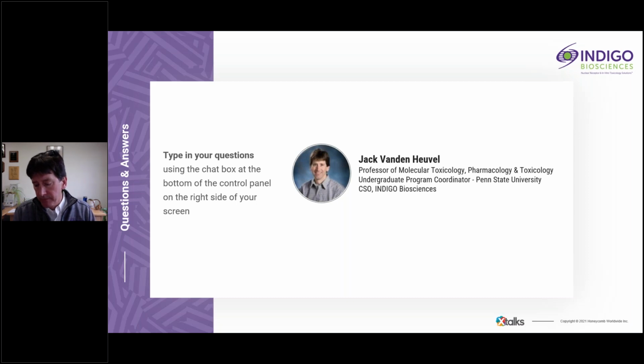Great, thank you, Jack. And our next question is, what expertise is required to run these assays in your own lab? Yeah, I touched on this a little bit, but basically, if you're going to run these in your own lab, all you need is cell biology experience. So you need things like a biosafety cabinet for doing sterile work.